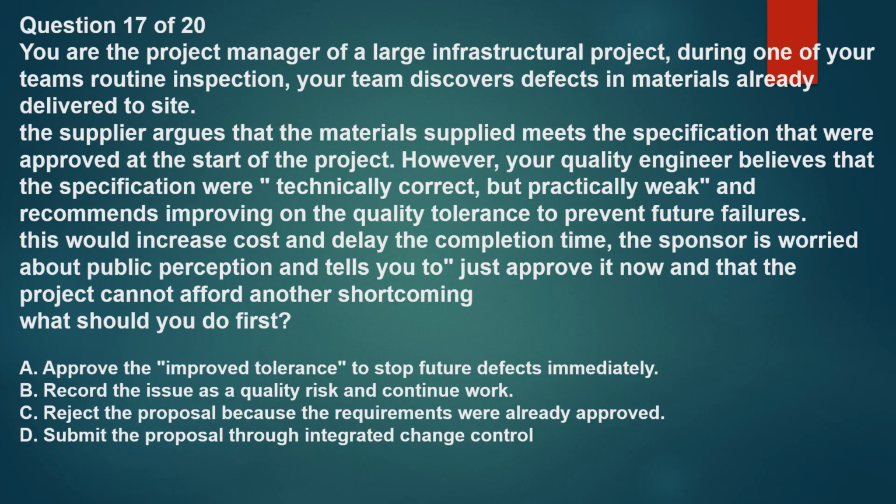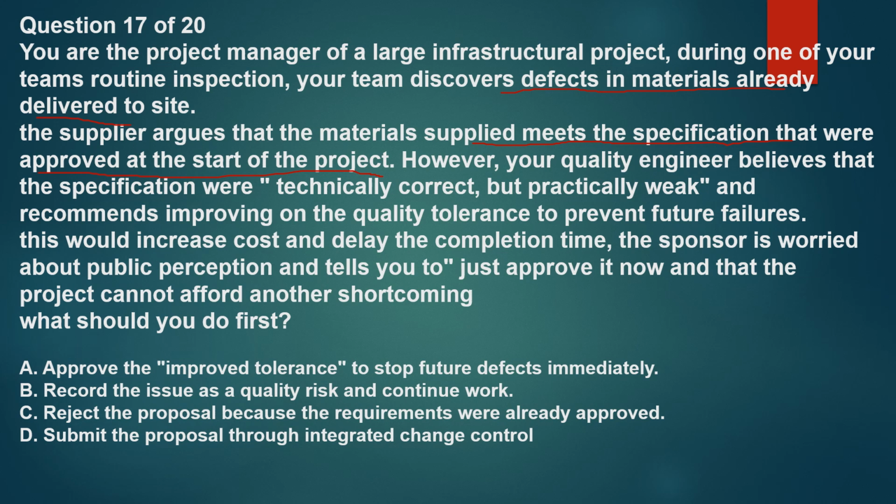Okay, let's understand the question first. Let's highlight the major talking points here. You are the project manager of a large infrastructure project. During one of your team routine inspection, your team discovers defects in the material already delivered to site. The supplier argues that the material supplied meets the specification that were approved at the start of the project.